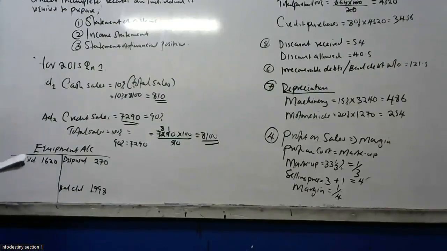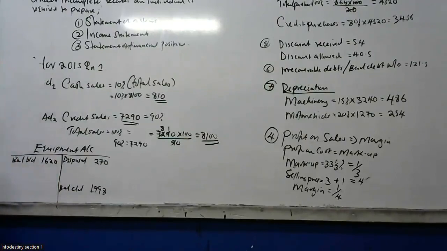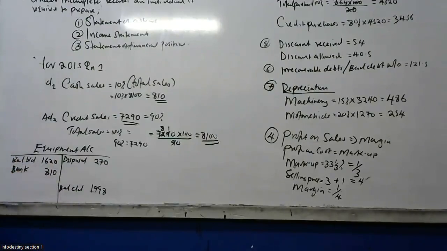So let's see whether it depreciated. They also purchased another one, the acquisition of equipment of 810. So the balancing figure will give us the depreciation.